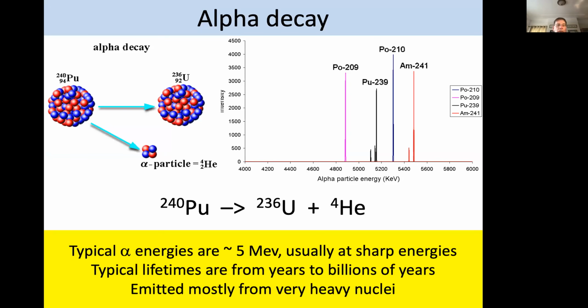Alpha decay. We actually mentioned alpha decay as the source of the particles that Chadwick used in this experiment. This is very common. Those of you who have taken undergraduate physics labs or nuclear engineering labs get to play with these things.